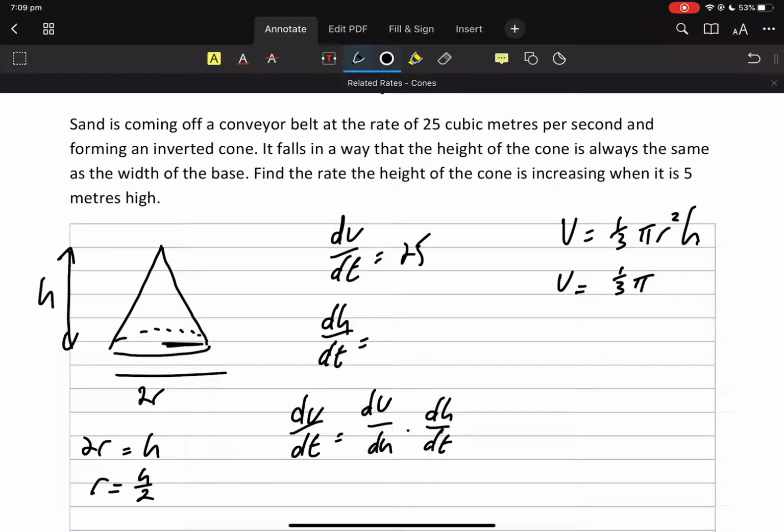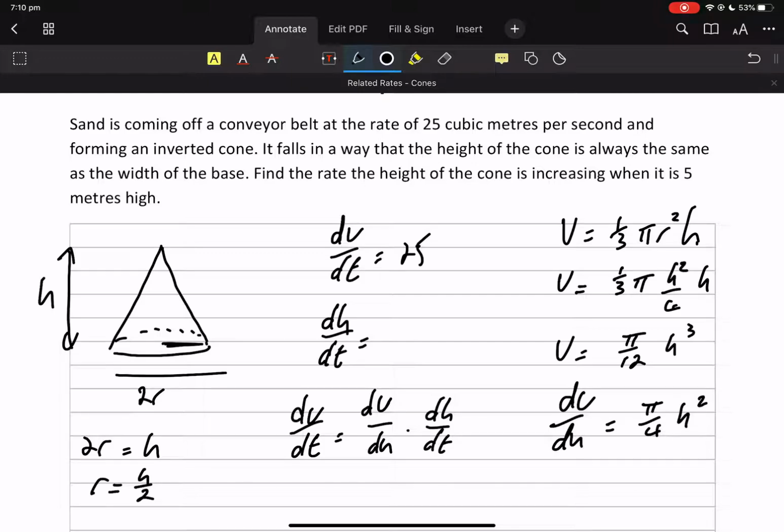I'm going to square H and I'm going to square 2, and tidy that up. Okay, so it's going to be pi on 12 h cubed, and I'm wanting this dV/dH. So that's going to be pi on 4 h squared.